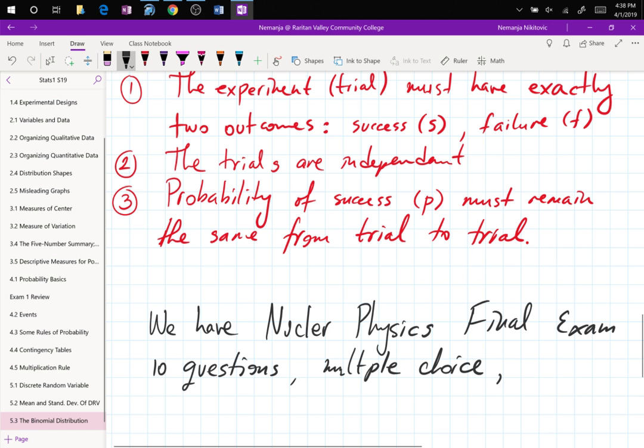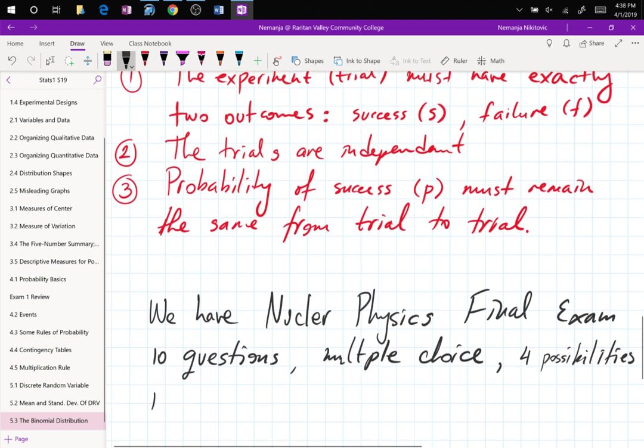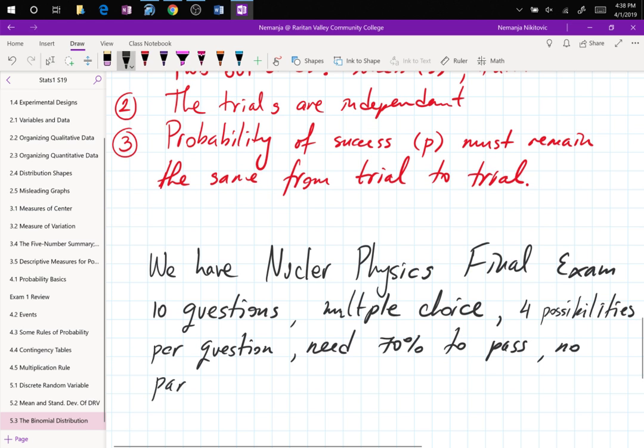Each one has an answer and then 3 decoys, which means four possibilities per question. Need 70% to pass. No partial credit awarded at all for any calculations or anything. So does this fit our situation?